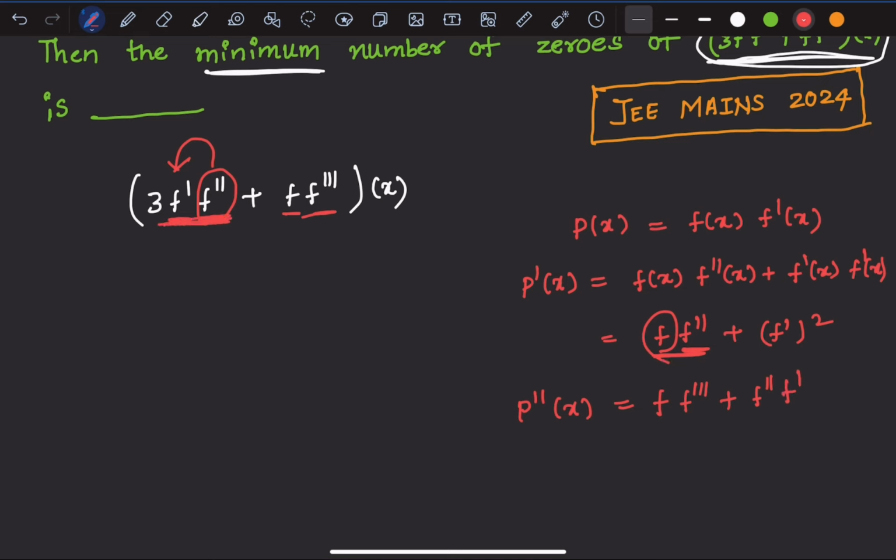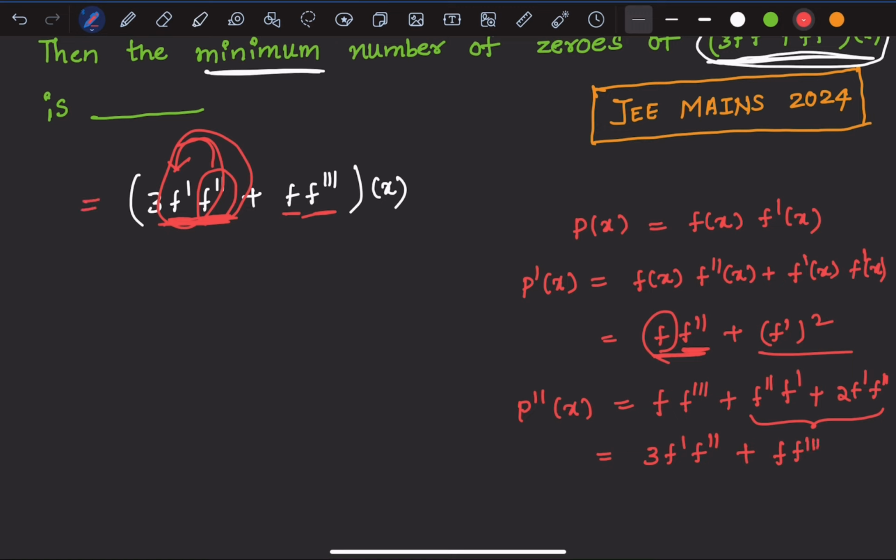So this term is generated, f multiplied by f double dash, plus we have to differentiate this, which gives 2 multiplied by f dash, and the derivative of f dash of x is f double dash of x. So this is 3 multiplied by f dash f double dash plus f f triple dash of x.